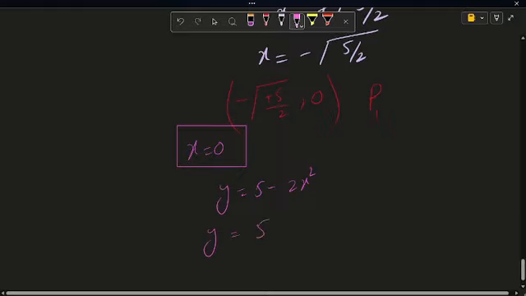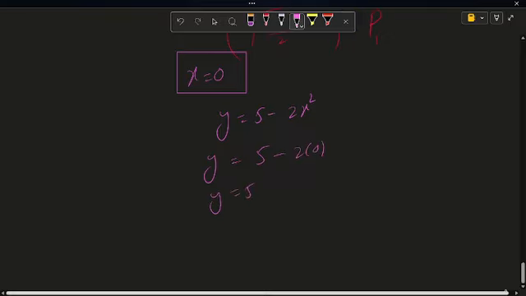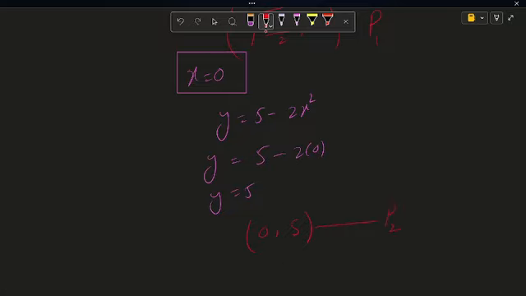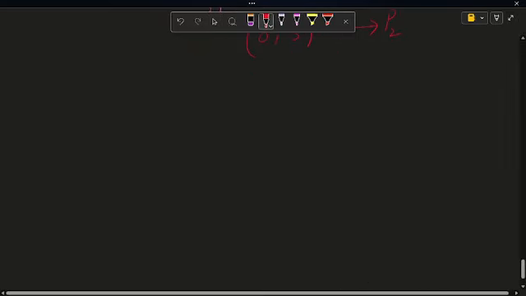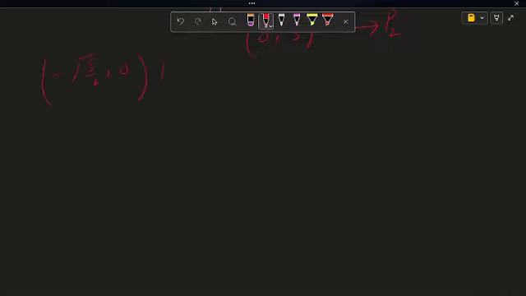My y becomes 5 minus 2 times 0, so y equals 5. It means that when x is 0, y is 5. This is my P2. Now I have two points: minus square root of 5 by 2 and 0, my P1, and the other one is 0 and 5, my P2.